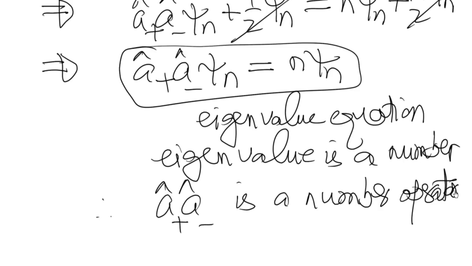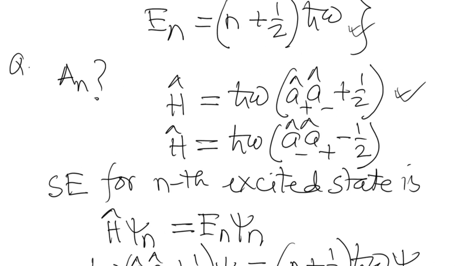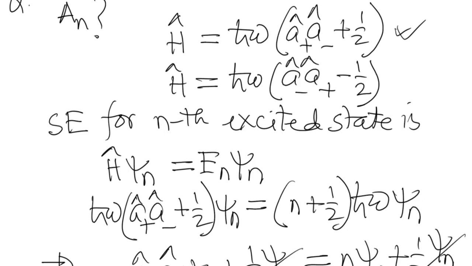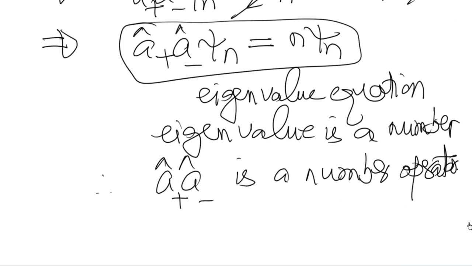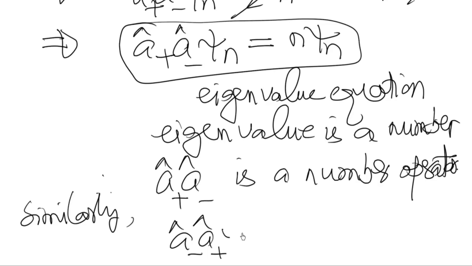Similar to this, if we write down the Schrödinger equation for the nth excited state, but instead of this one we use this one, then you could also show that A minus A plus psi n is equal to n plus 1 psi n.